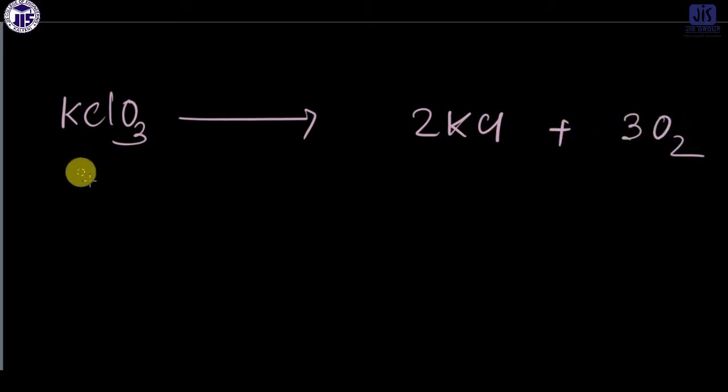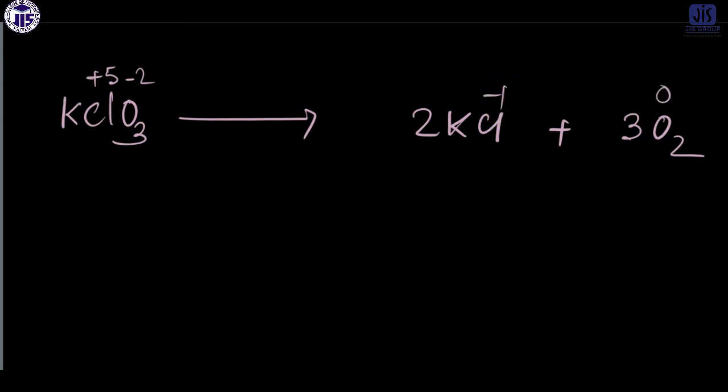Now look here at why it is called an auto-oxidation reduction reaction. Here Cl is +5 and oxygen is -2. But in KCl it is -1 and oxygen is 0.